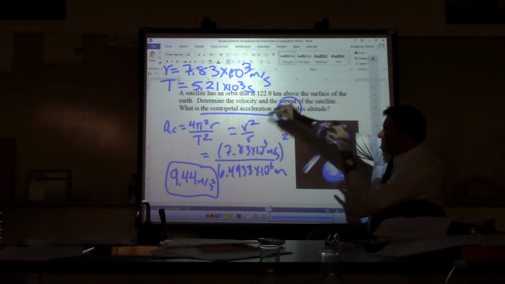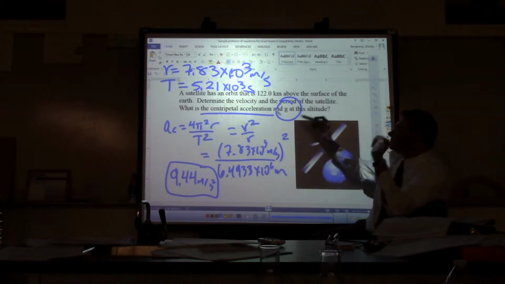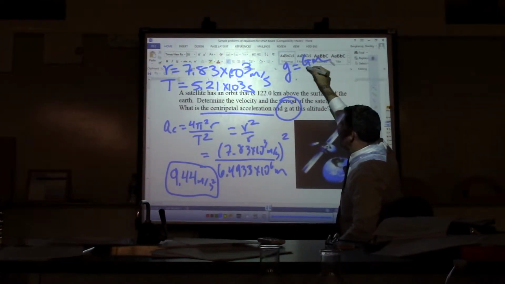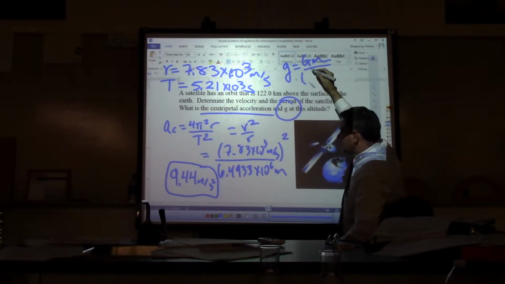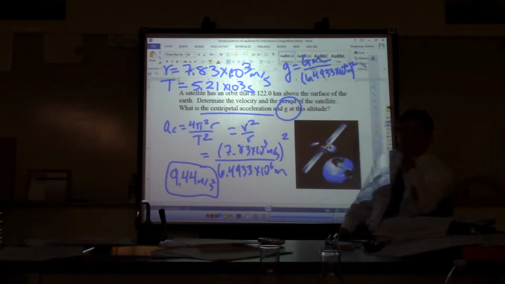One thing left to do, calculate g. There's only one way to do this. What can we do? Big G times the mass of the Earth, divided by R squared, right? Which is going to be 6.4933 times 10 to the 6 meters, squared.